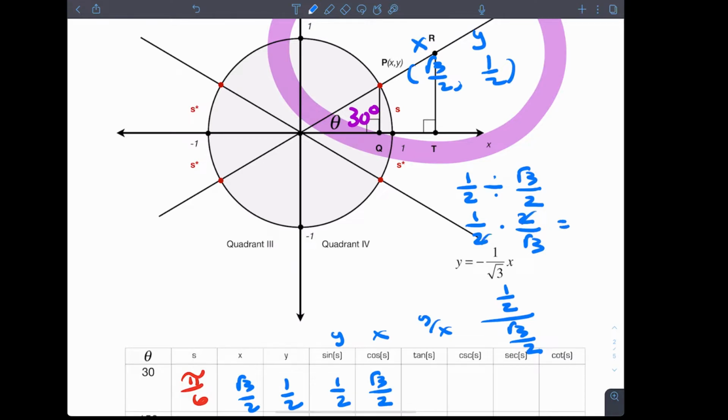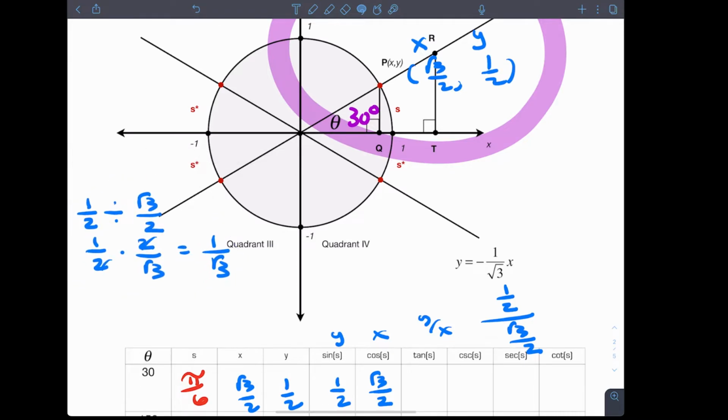And you have cancellation. This is 1 over the square root of 3. You guys okay with that one? Okay. And then what do I want to remind you guys of? Good job. What does that become? Square root of 3 over 3.